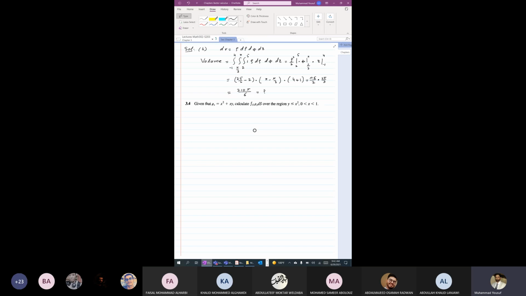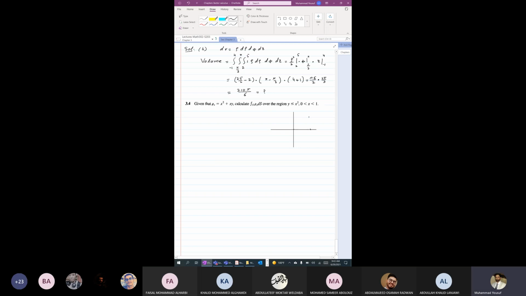So this is a parabola, and in this parabola x is going from 0 to 1. So let us say this is 1. When x is 1, y is 1.